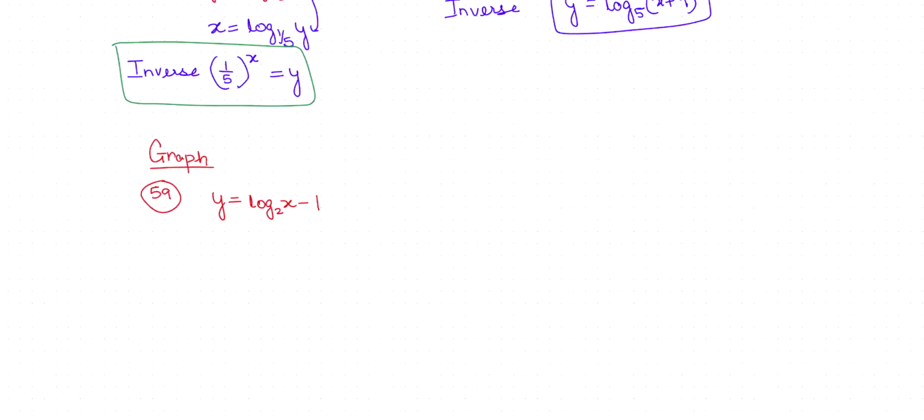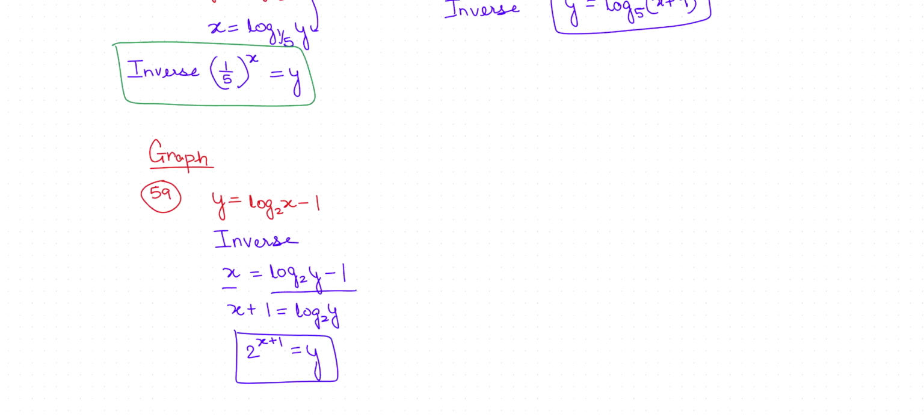So we have to graph this log function. So what we'll do to make it easier, first we'll find its inverse. So inverse, we know it will be, so we interchanged x and y here and then we simplified, and this is the inverse.